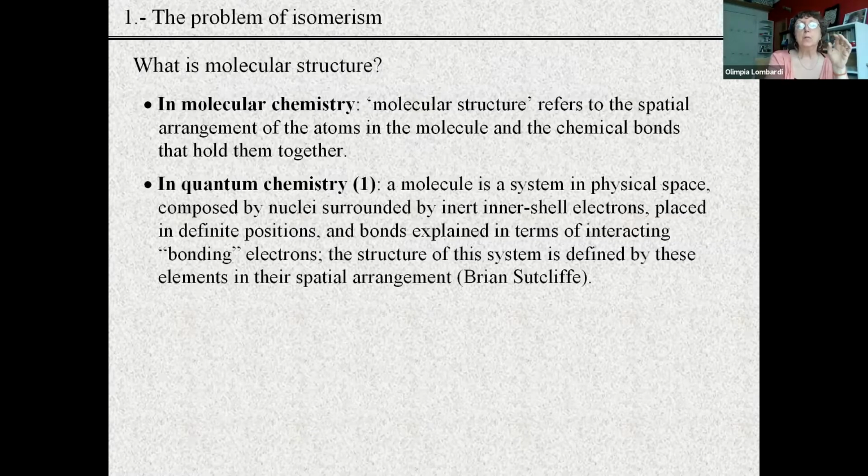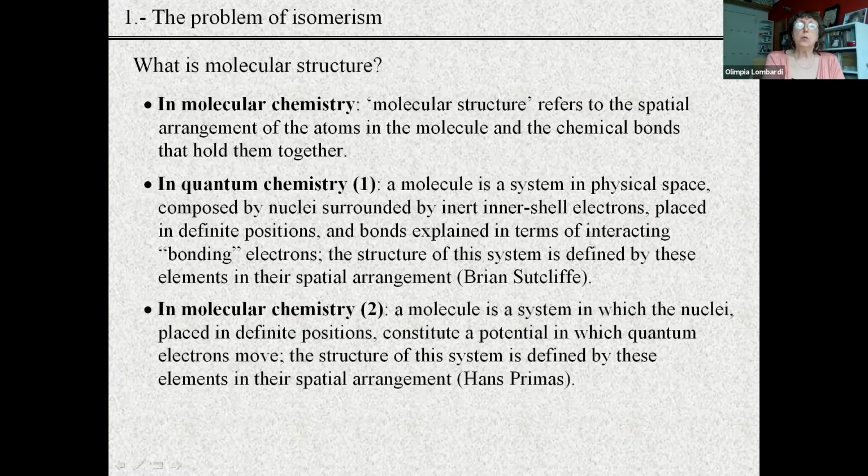If we go to quantum chemistry, a first approximation is that a molecule is a system in physical space composed by nuclei surrounded by inert inner shell electrons placed in definite positions, and bonds explained in terms of interacting bonded electrons. And the structure of this system is defined by these elements in their spatial arrangement. This is a characterization that comes mainly from Brian Sutcliffe.